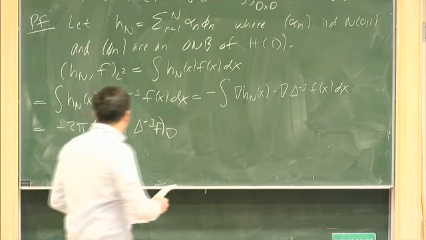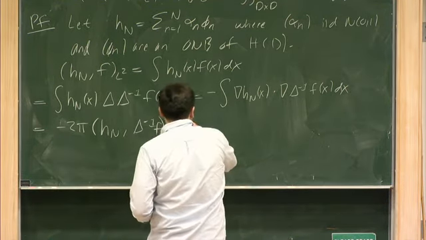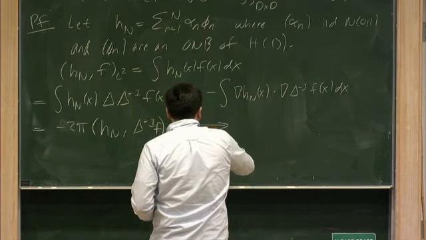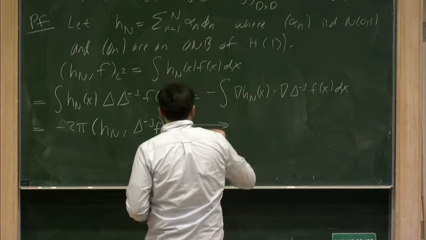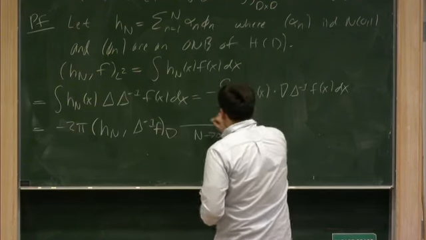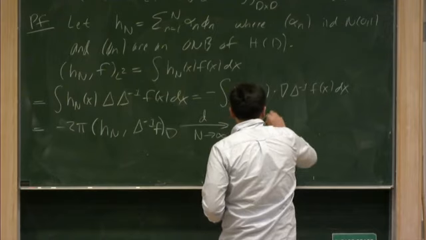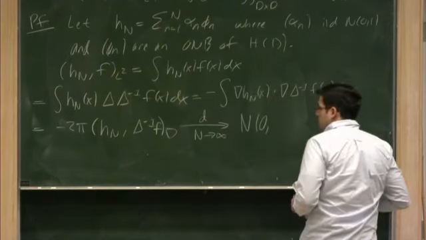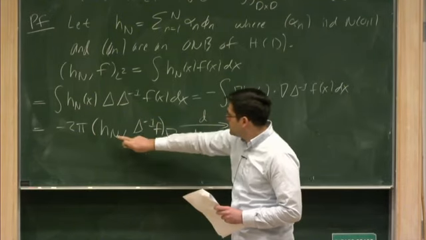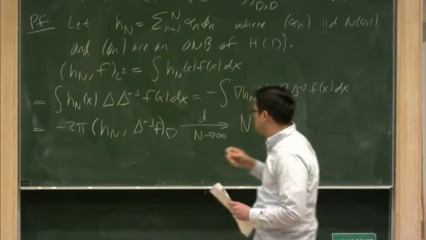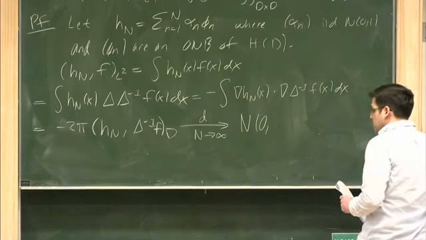If you take the limit of this as n goes to infinity, then this converges in distribution to a Gaussian random variable, which has mean 0 and variance given by what you would get if you had replaced this h_n with just the Gaussian free field.